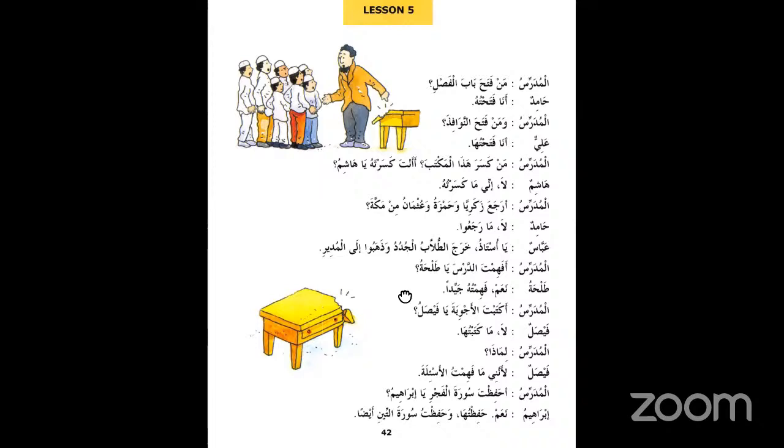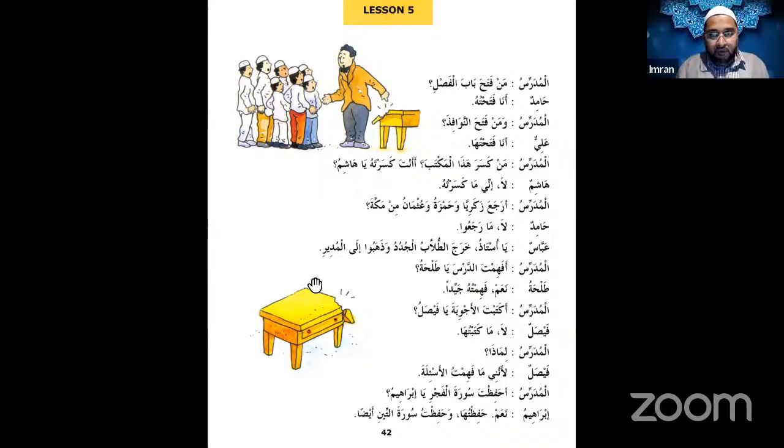Yes, thank you. Right. Sister Butul Manji, I'm going to read the next question and then I'm going to ask you a question. Araja'a Zakaria wa Hamzatu wa Uthmanu min Makkata? La ma raja'u. No, they did not return. Now here, in this example, you are having three fa'ils.